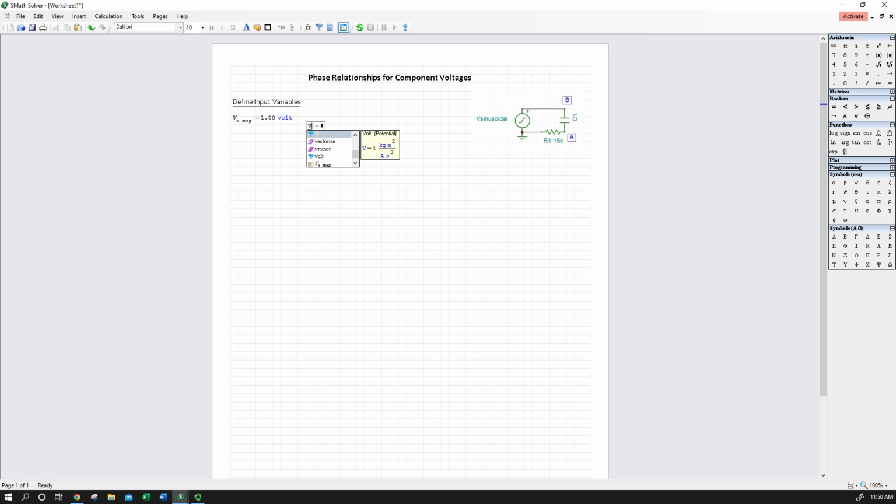I'm going to use V for volts, period, underscore S for source, and I'm going to say angle. And my default is to define my source as 0 degrees. So it's like defining your ground as 0 volts in DC. I like to define my source as 0 degrees, and then everything will reference to that.